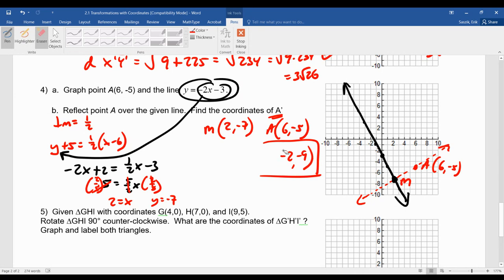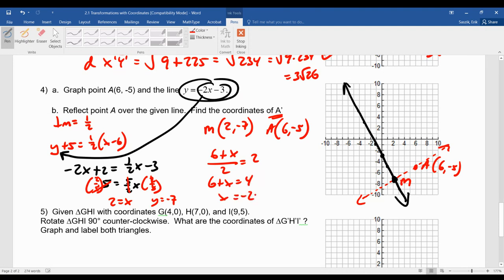I'm going to show you mathematically now. Our A prime, it would be some unknown x comma y. So we know that 6 plus the unknown x over 2 would have to equal this. So if I cross multiply and I move the 6 over, there we go.